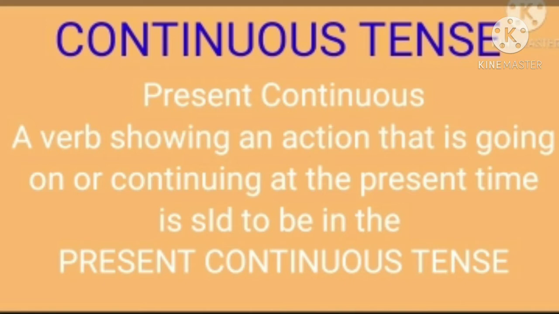So this is at the present time that I am preparing this video. So this is in the continuous tense, which is going on, and when? At the present moment. So the verb in the sentence will tell you which continuous tense the sentence is in. Now let us see the formation of this present continuous tense.